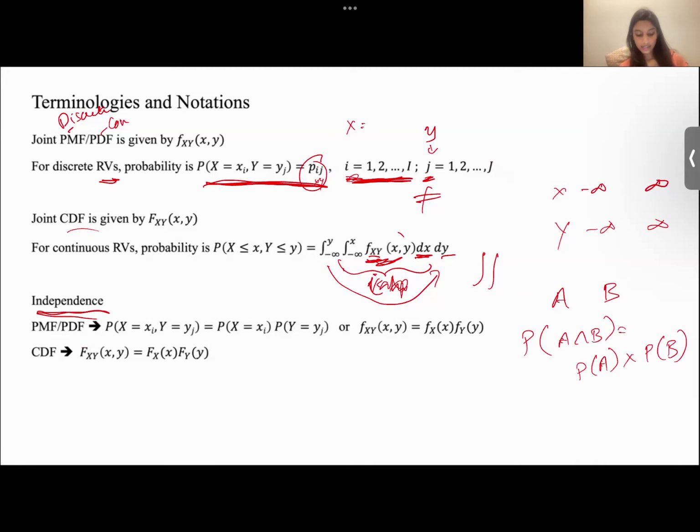If you had this, you can say that A and B are independent events. Similarly here, if X and Y are independent, the joint PMF is just equal to the product of each of these probabilities, and its CDF is also given by this function.